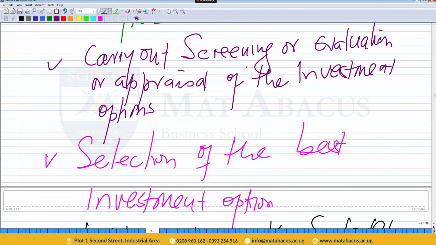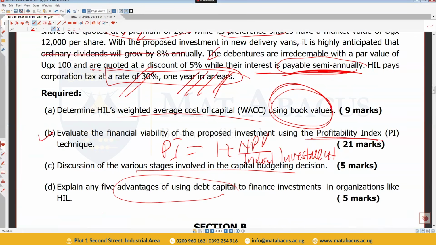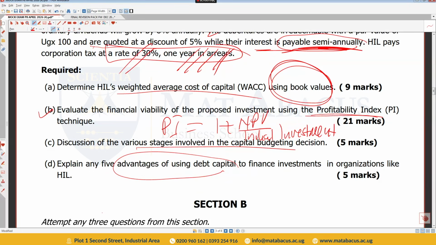That's what we wanted in part C of the question, 5 marks. And part D was about the stages involved in investment appraisal.